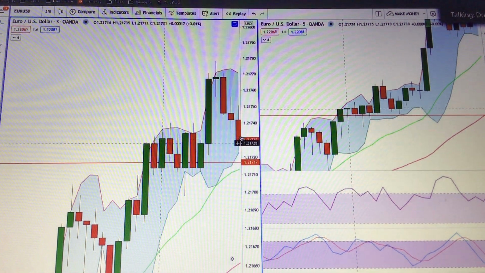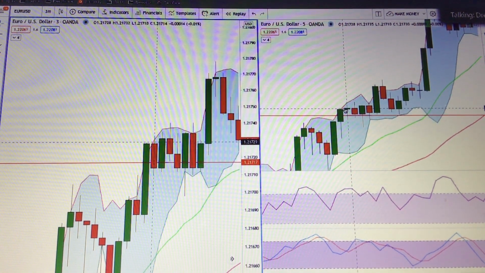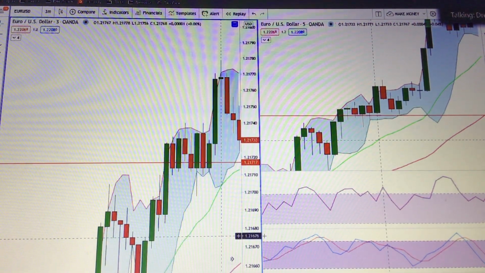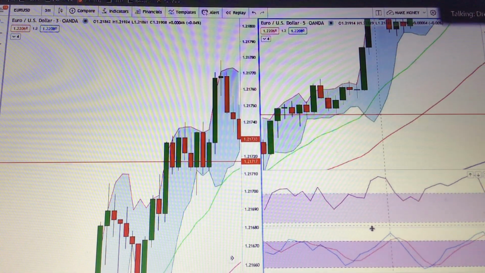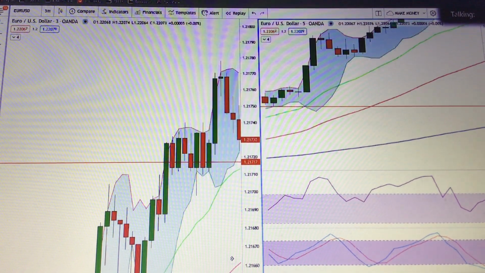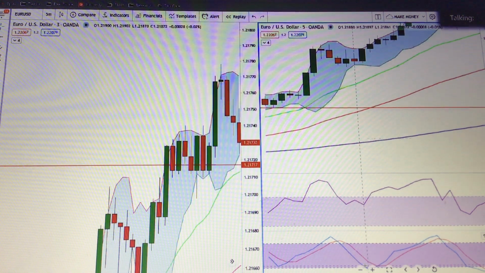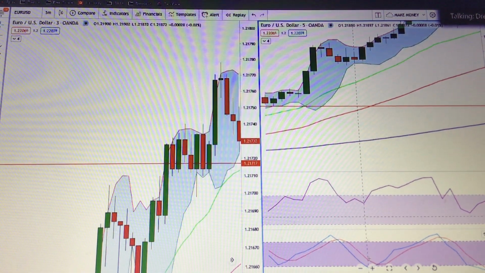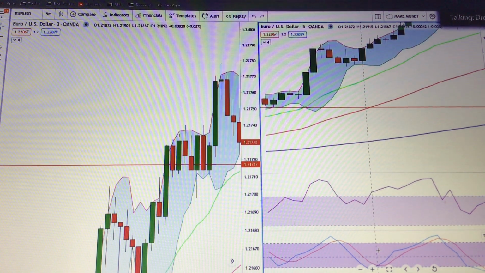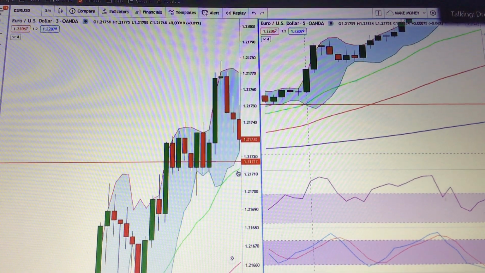But the majority of the time I'm watching the 5-minute, because what would be ideal for me is you see this right here. You see how my stochastic and my RSI are high.